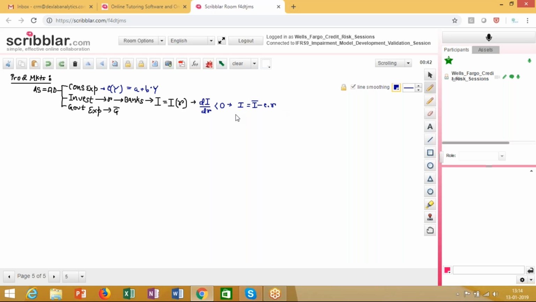Okay, so there is this part. Now, let's look into something over here. If the bank's rate of interest is higher, or if the interest rate increases, there would be an impact on the consumption function.